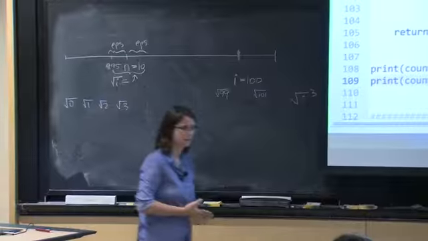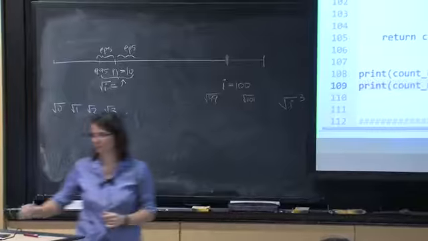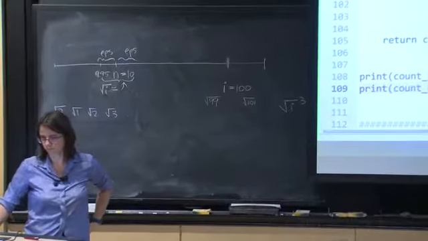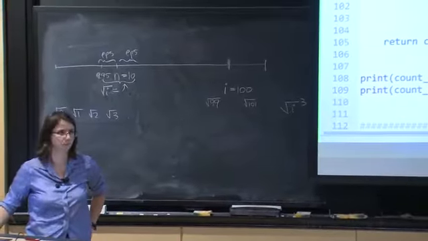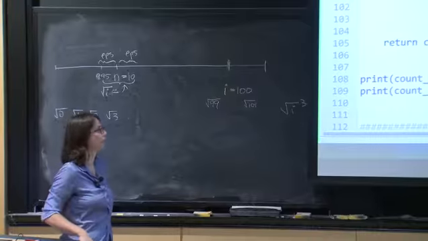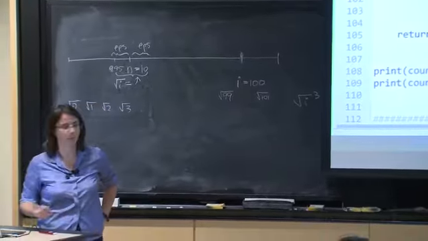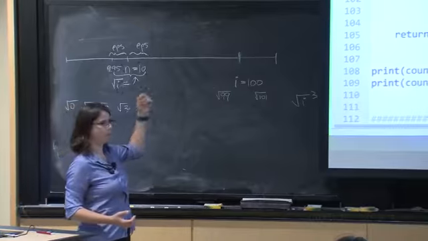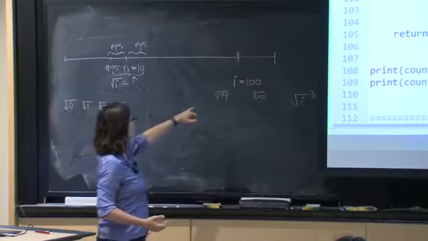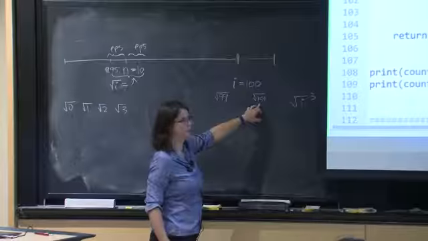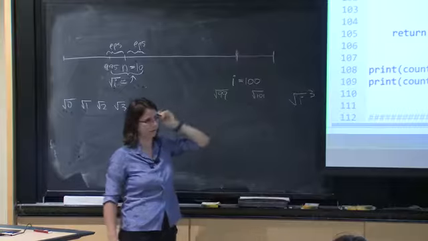Yes? Question regarding the range. Why does it have to be that large a number? It could be smaller. Yeah, it could be smaller. I mean, we could have done n to the power of 4. We just couldn't do n squared, because then we would definitely miss 101 and 102 in that particular example.